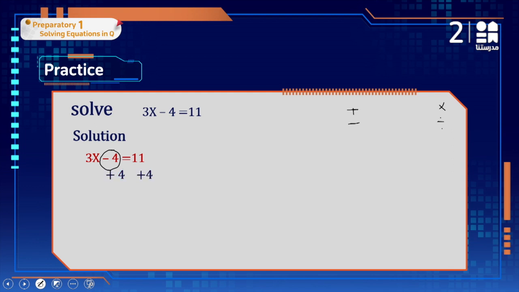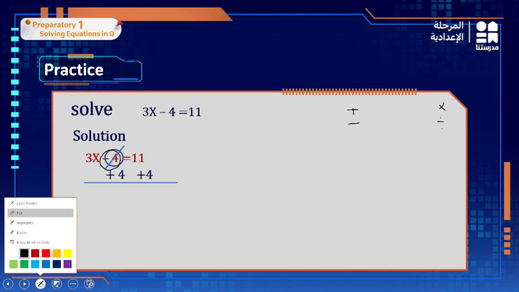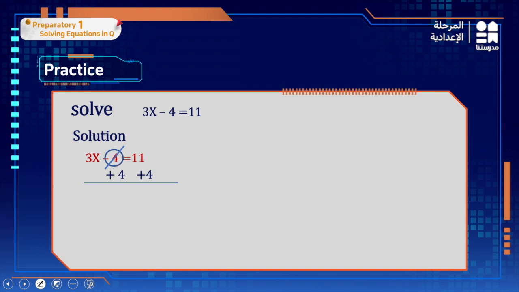Take a line. We are going to cancel this minus 4 and positive 4. Cancel them with each other. We got 3x equals 15. 11 plus 4 equals 15.